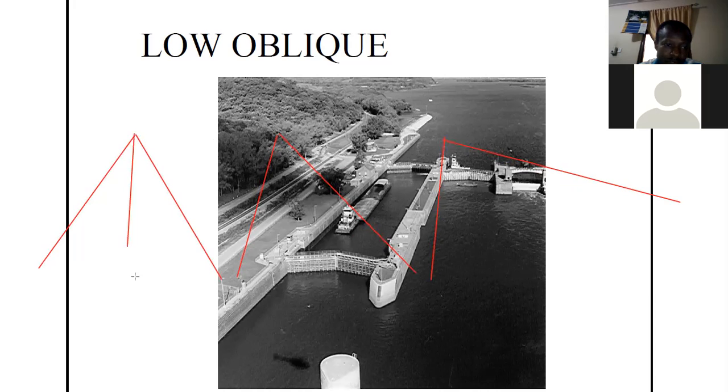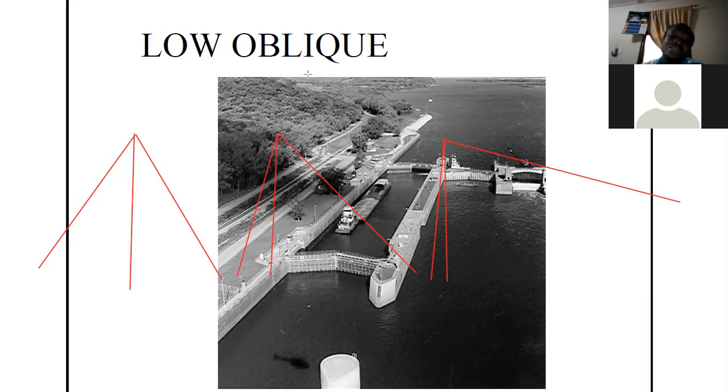Can we define low oblique as when your camera angle is between 0 to 45 degrees? You don't say the camera angle, you call it the camera axis, the optical axis. If vertical is 0, then your camera axis between 0 to 45 degrees is low oblique.